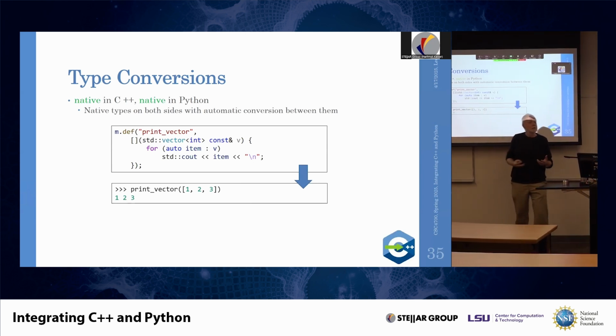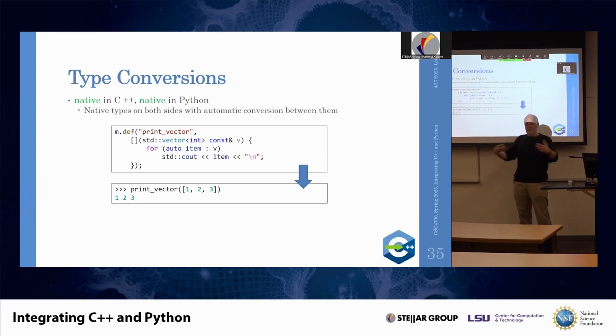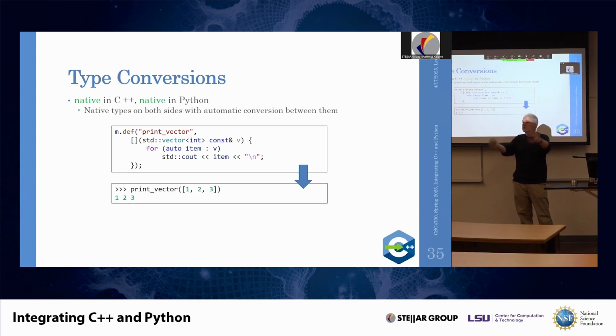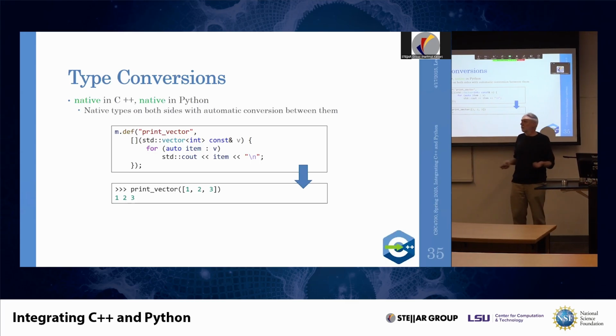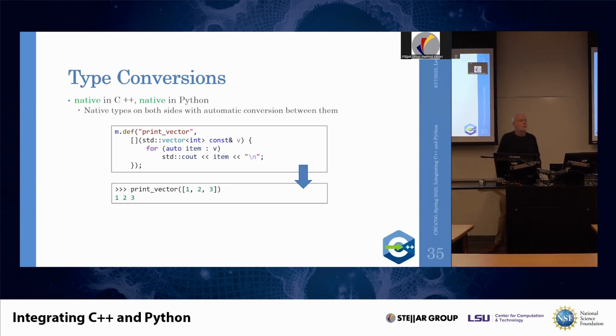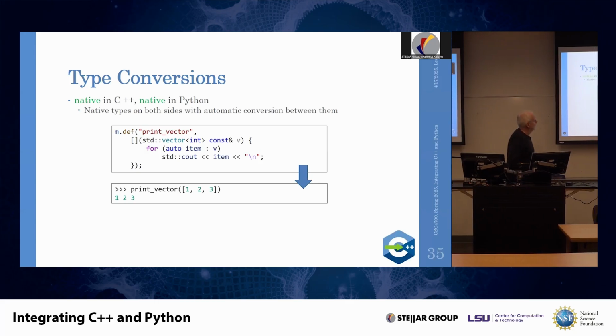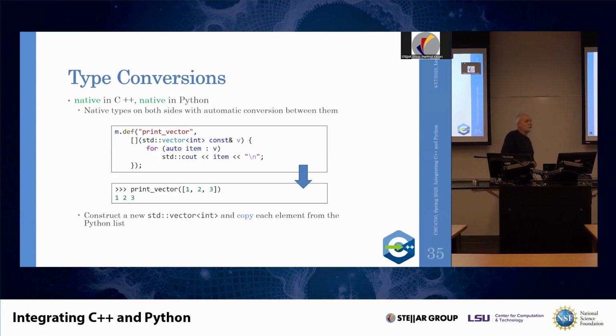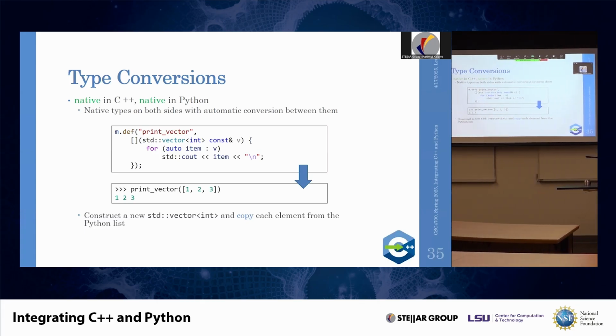And it will automatically convert, see, okay, this is a one-dimensional sequential container, and the C++ side expects a vector, these are compatible, so let's copy all elements from the list over into that vector and create a new vector instance and call that function. So it will create a new vector of int and copy all elements from the Python list into the vector.